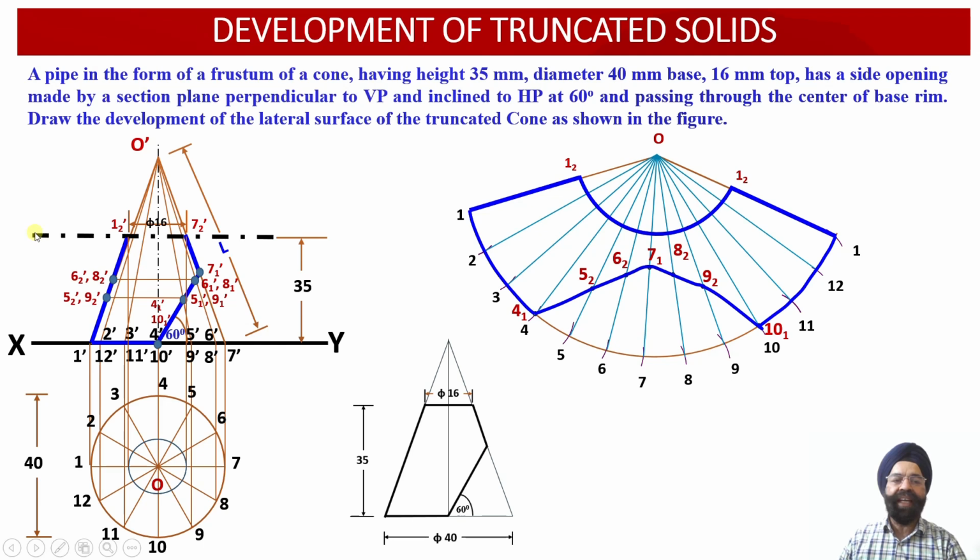Whereas the second cutting plane is going to cut the cone parallel to the horizontal plane, so that we should be able to obtain the frustum of the cone, in which the top circular projection happens to be 16 millimeter, the base of the cone happens to be equal to 40 millimeter, and the height of this frustum of the cone happens to be 35 millimeter.